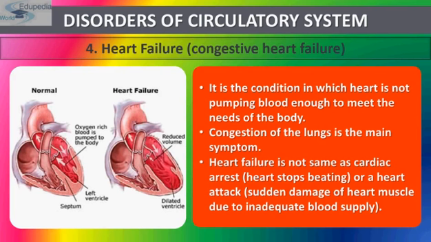Heart failure is also called congestive heart failure because congestion of the lungs is one of the main symptoms of this disease. Now, what are the factors that are responsible for the degeneration of the heart muscles and heart failure? They include advanced age, malnutrition, chronic infections, toxins, severe anemia, or hyperthyroidism, okay.